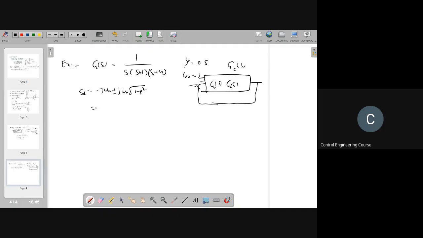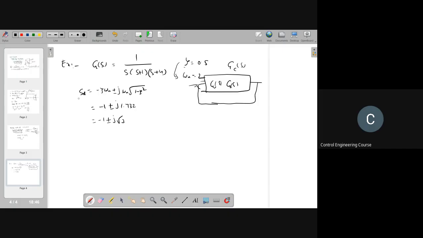By using these two values, that is equal to minus 1 plus or minus j 1.732, or so I can write it as minus 1 plus or minus j root 3.